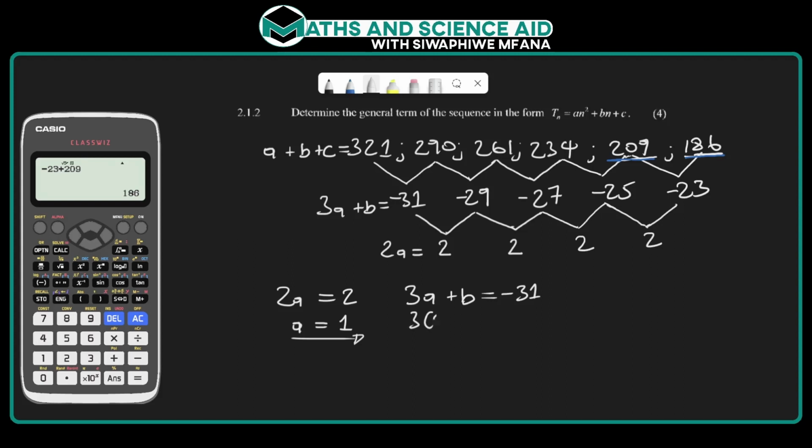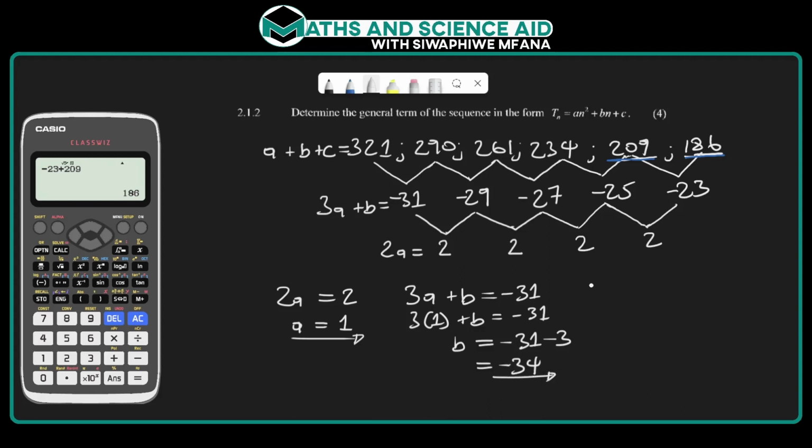So we sub in 1 there, which we have found from the previous step. And thereafter, 3 multiplied by 1 is obviously just 3, which means that b is going to be equal to negative 31 minus 3, right? Which means that b will be given by negative 34.